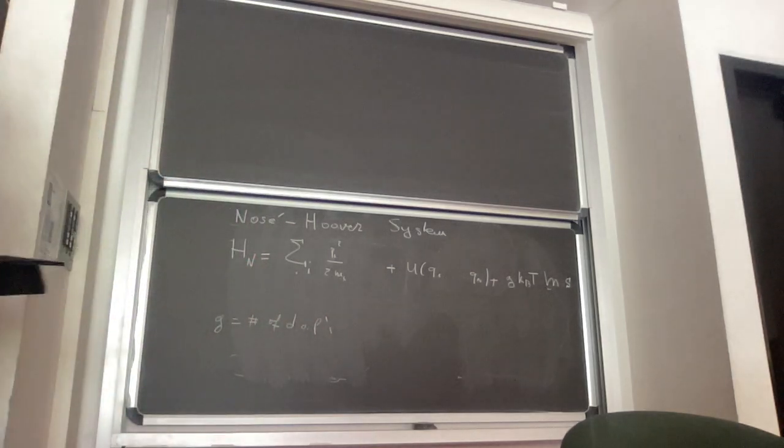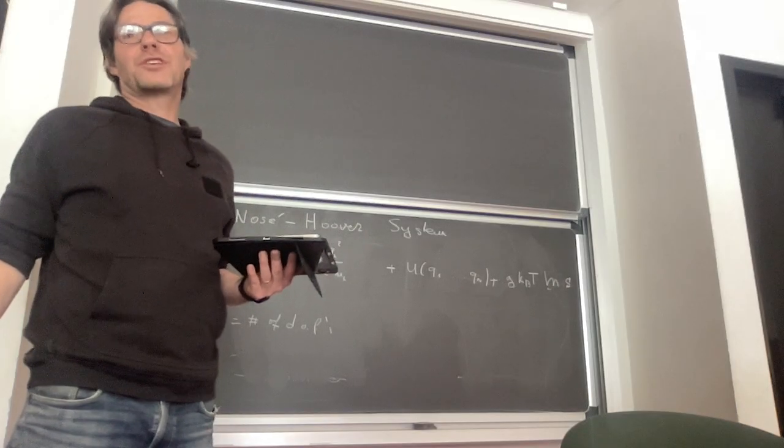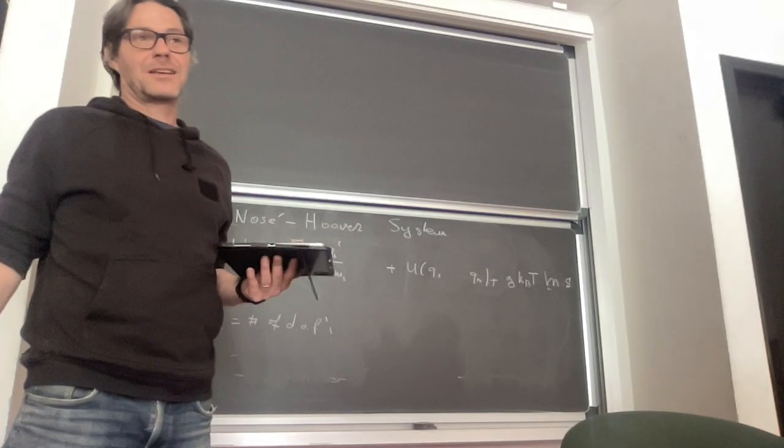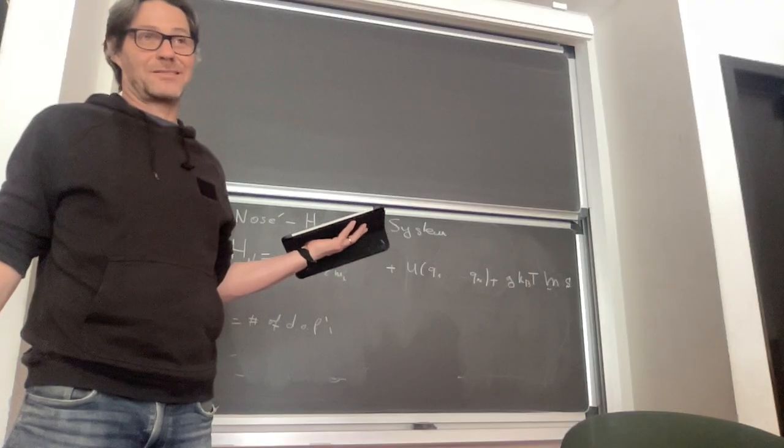Well, this is still a decoupled system. If this was the end of it, S would not be dynamical, it would just be an external field. It doesn't evolve. Just potential, no kinetic energy, it doesn't go anywhere.